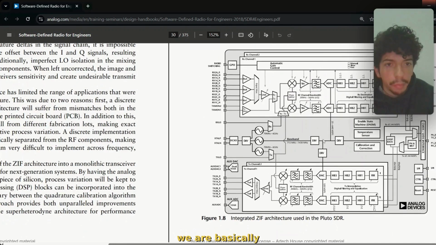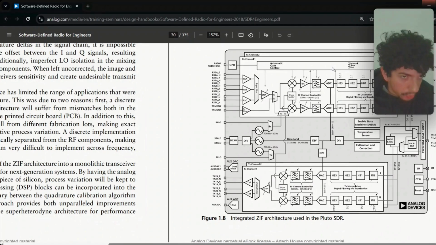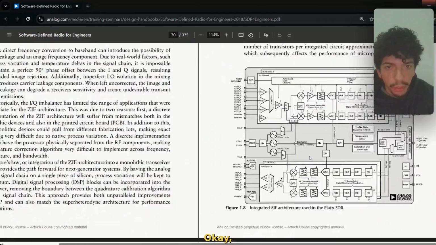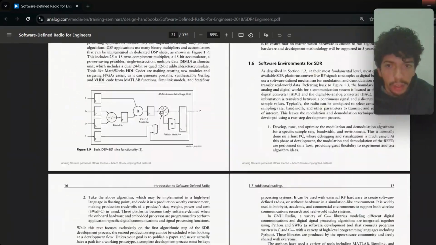And we basically have the analog front end, and we have to process digital signals for this part. The daughterboard is on the left and the motherboard is on the right. This board, okay, let's go.